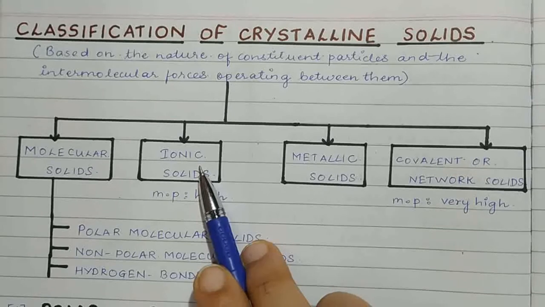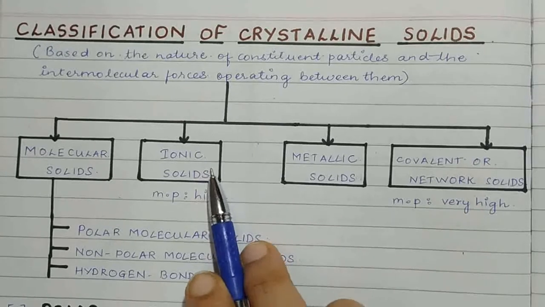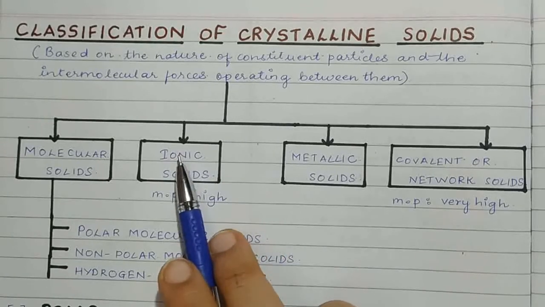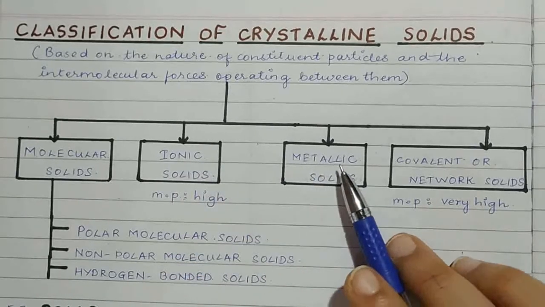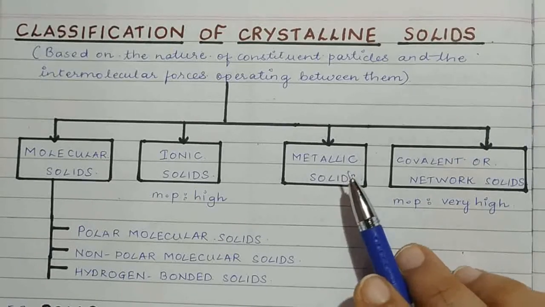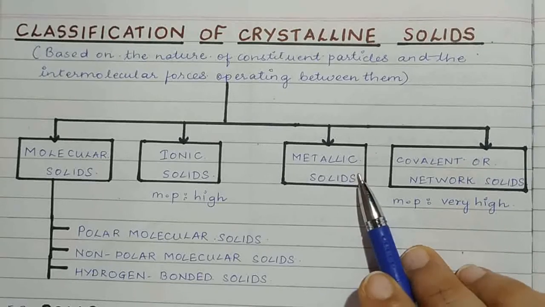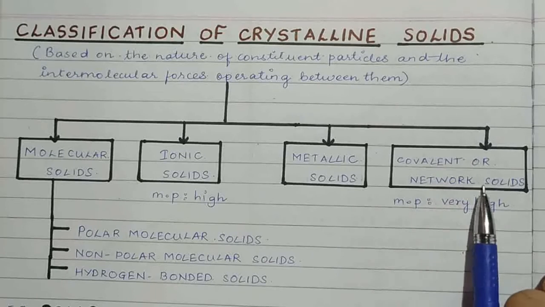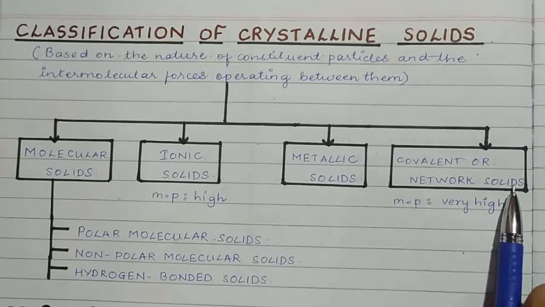Cations are positively charged particles, anions are negatively charged particles. How they are arranged and what type of force exists between them, we will see one by one. This is just a brief introduction. Then come metallic solids. Of course, the bond between them is the metallic bond.